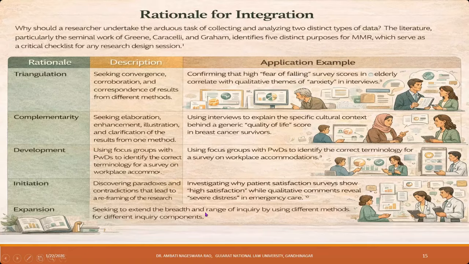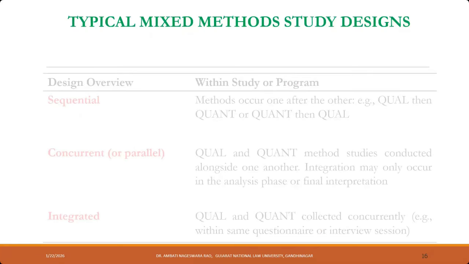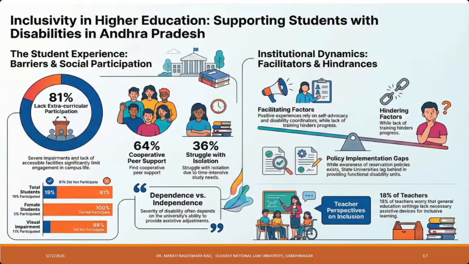Let me give a small research study, my own research work. I conducted research from 2007 to 2012 in data and social science. I know this slide is not presenting my entire PhD work, but let me explain. I just want to understand the educational and social experiences of students with disabilities in higher education institutions.